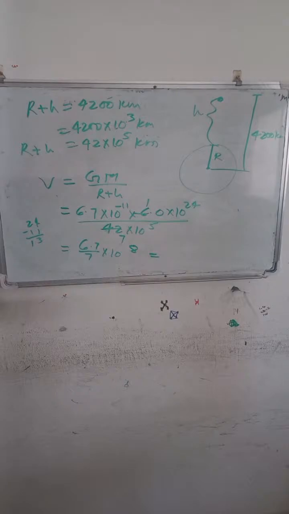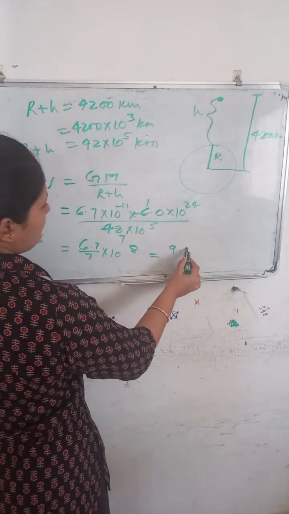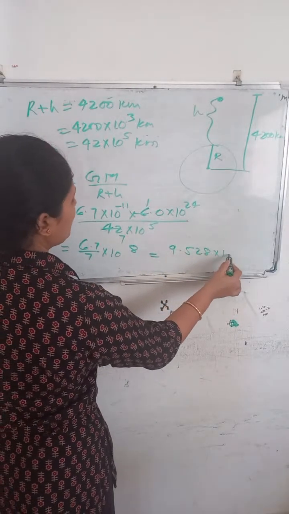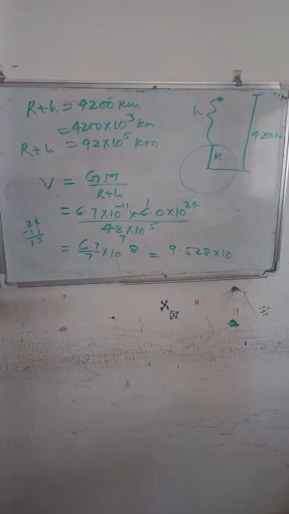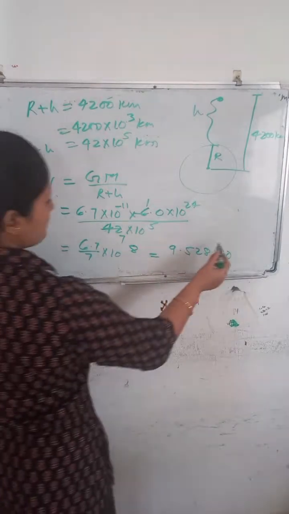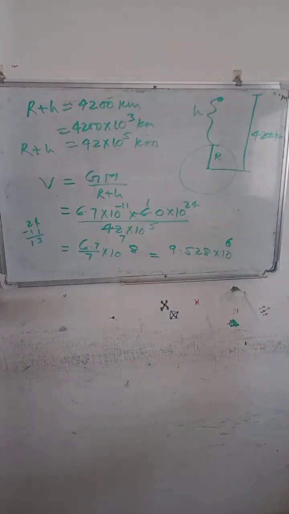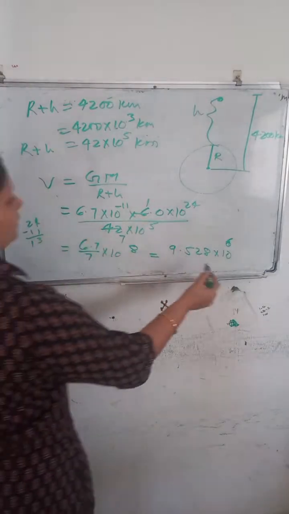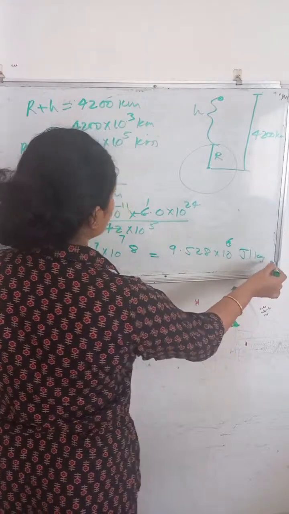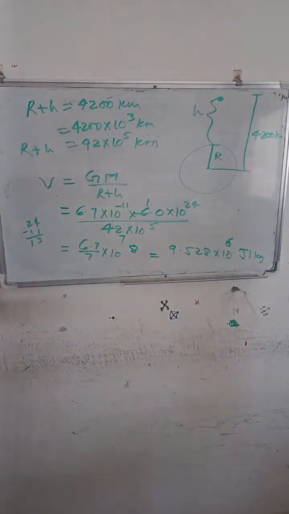After dividing, you will get potential as 9.528 into 10 raised to 6 if you adjust the decimal. The unit is joule per kg. So this is the answer for the potential for the geostationary satellite.